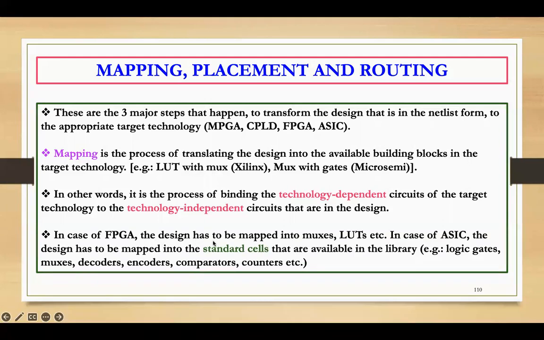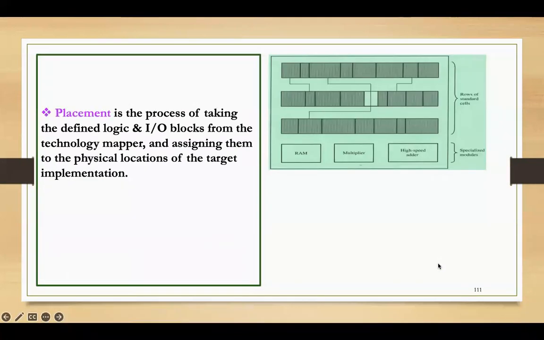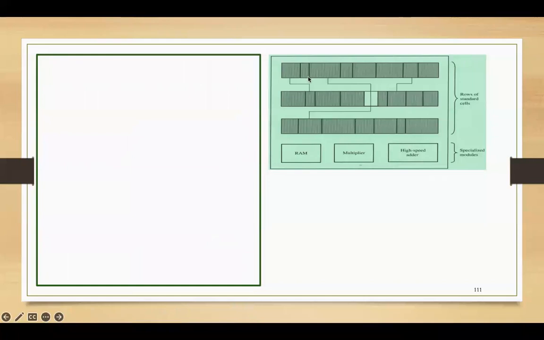In case of FPGA, the design has to be mapped into muxes. Which means you have seen, in configurable logic blocks, you have extensive use of mux, D flip-flop, and then you had your function generators, right? So let us say, I had one block here, I have another block here.